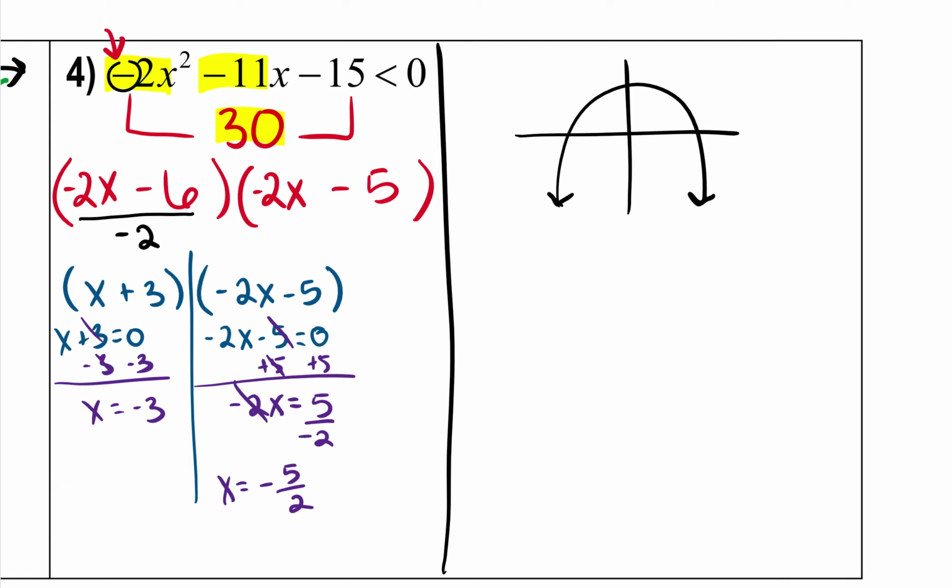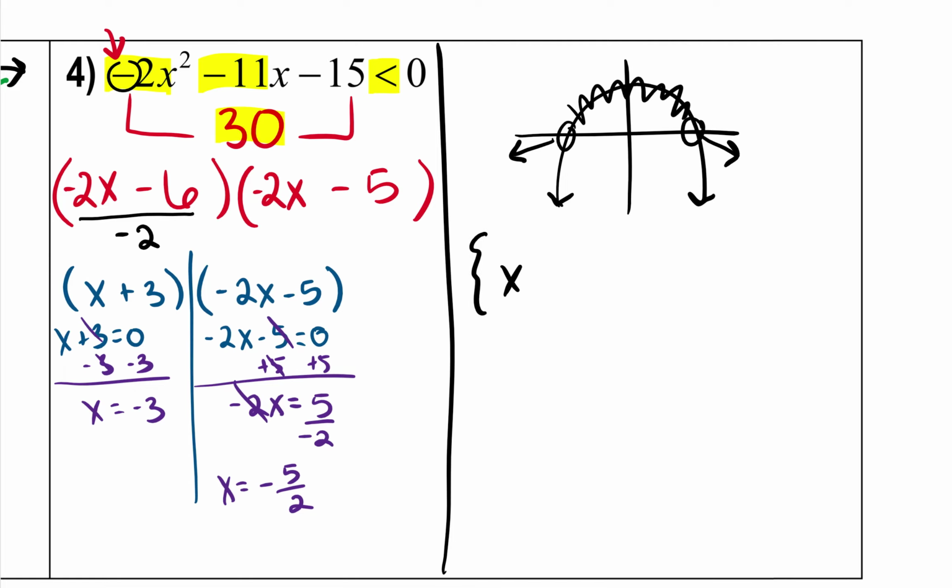So looking at the graph, the picture, I can easily tell that if these are my critical points and I want less than 0, it is below 0 going left and going right. So that means I don't want this middle area at all. So I have a split answer.